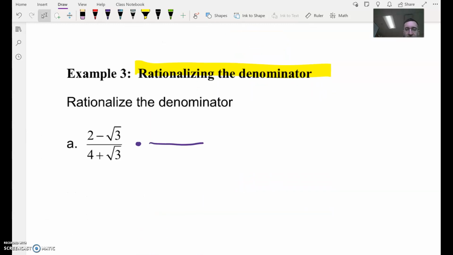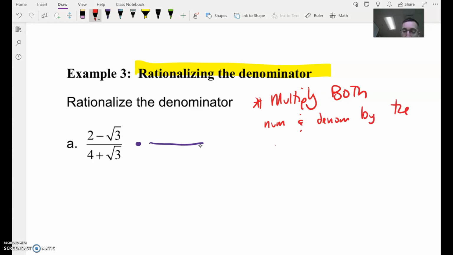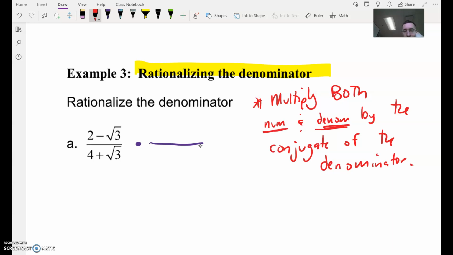So the way you rationalize the denominator is if you multiply both the numerator and the denominator by the conjugate of the denominator.